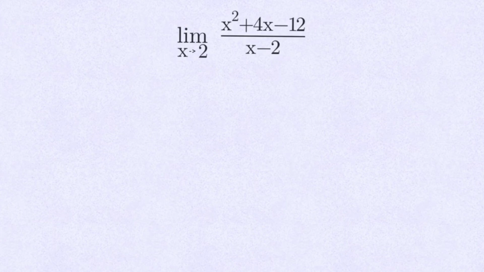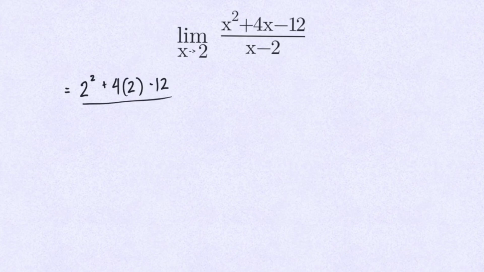Let's take a look at more examples. The limit of x squared plus 4x minus 12 over x minus 2 as x approaches 2. We will now substitute the x, which is 2. So 2 squared plus 4 times 2 minus 12 over 2 minus 2. 2 squared is equal to 4, and 4 times 2 is equal to 8.